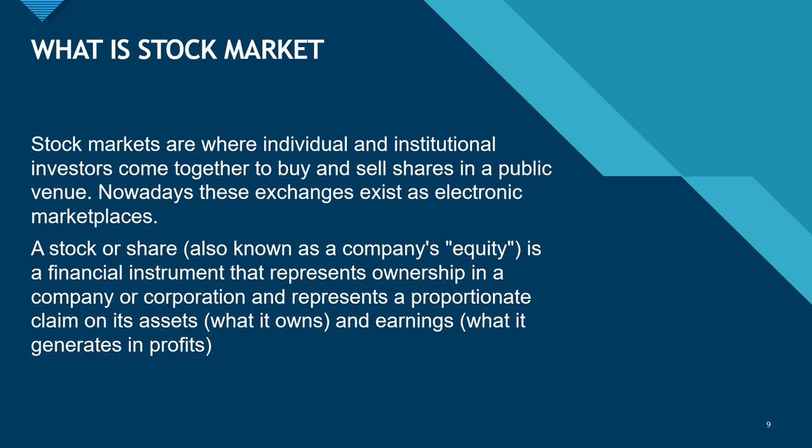Stock is also known as company's equity. It's nothing but if a person owns a company, he gives a part of its ownership to the public or some person. So if you buy a share, you will be a part owner of that company. With that, you can make a share in its earnings if it generates a profit.